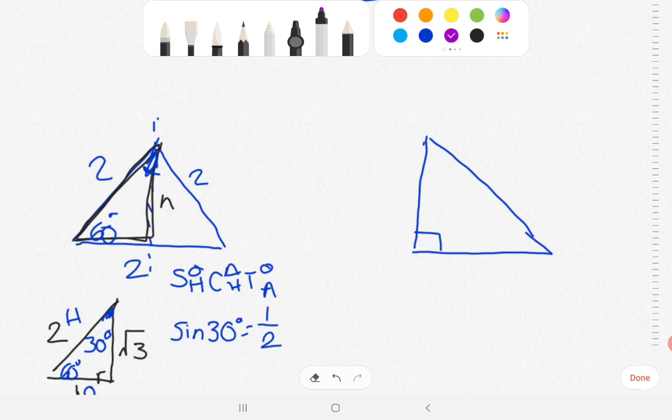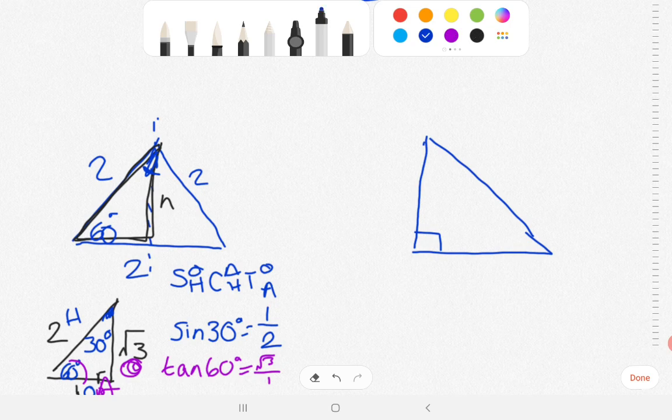Equally, if I wanted tan of 60, so here's my 60. Tan is O over A, so opposite is this one here, root 3. Adjacent is there, so it would be root 3 over 1. So that's a bit messy, but hopefully you can vaguely see where that's coming from. Okay, and we can do a little bit of practice of that if necessary.